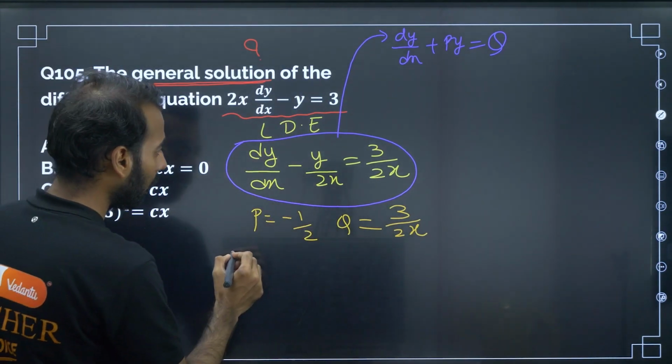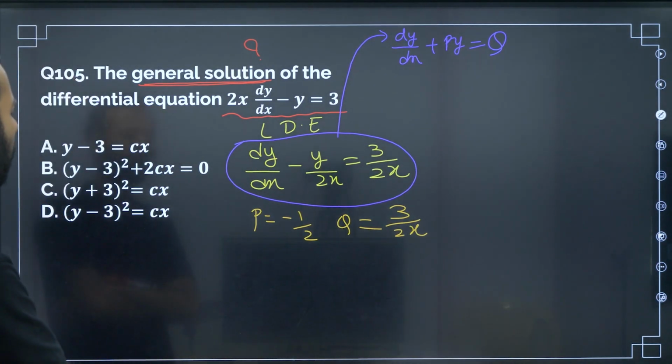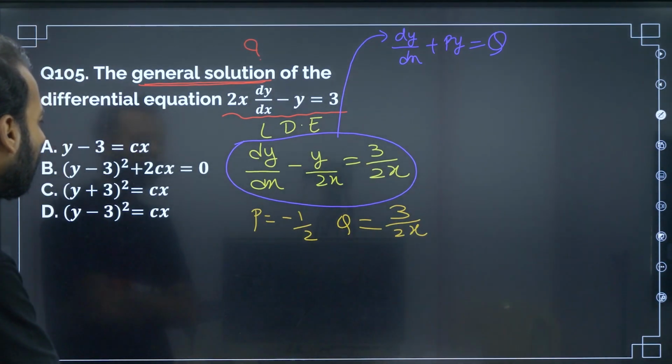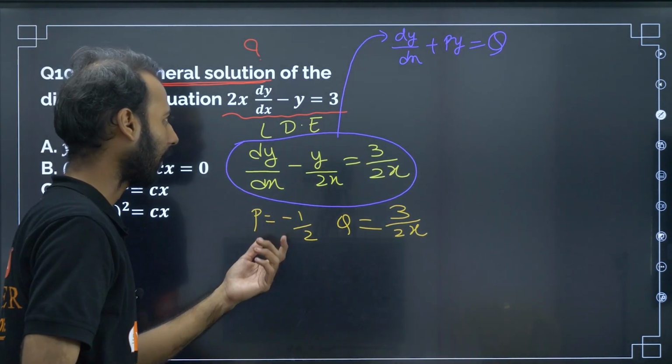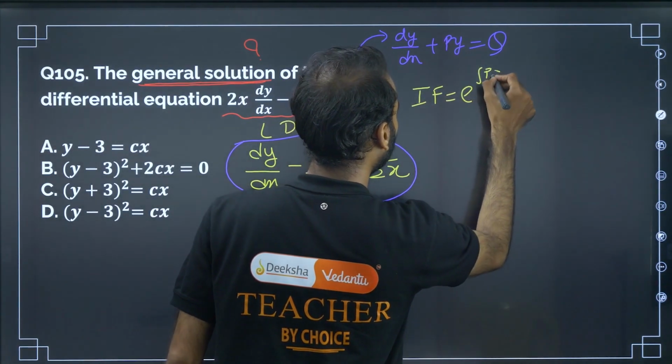Now how to solve this? IF is equal to e raised to integration P dx. Shall we go for that method or one more method? Okay, we'll go for the integrating factor. If it doesn't work, then we will think again.